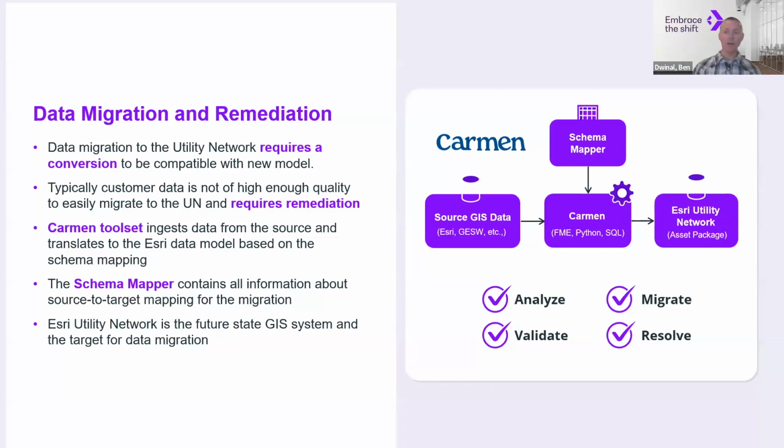The accelerator we have built up over the last 8 years is our CARMEN toolset. CARMEN stands for Configurable Advanced Rapid Migration Engine. It is our FME-based UN automation framework that accelerates many of the tasks and aspects of your UN migration, from data cleanup to data conversion to your UN build processes and your lengthy deployment steps.